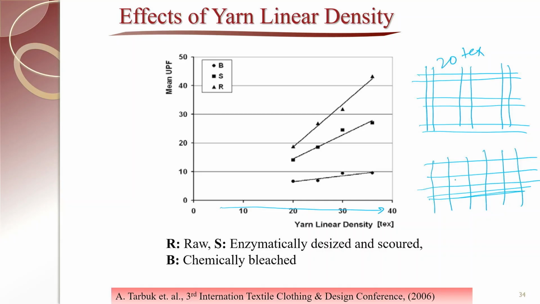Here the space in between the threads is much smaller, and here the space is higher. So, it allows the UV ray to pass through quickly at a higher quantity.